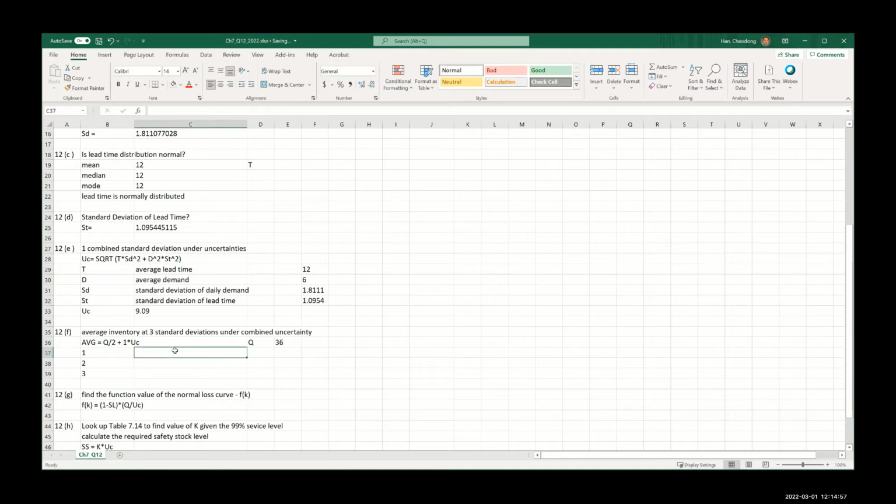So basically the formula is Q divided by 2 plus 1 times combined uncertainty.